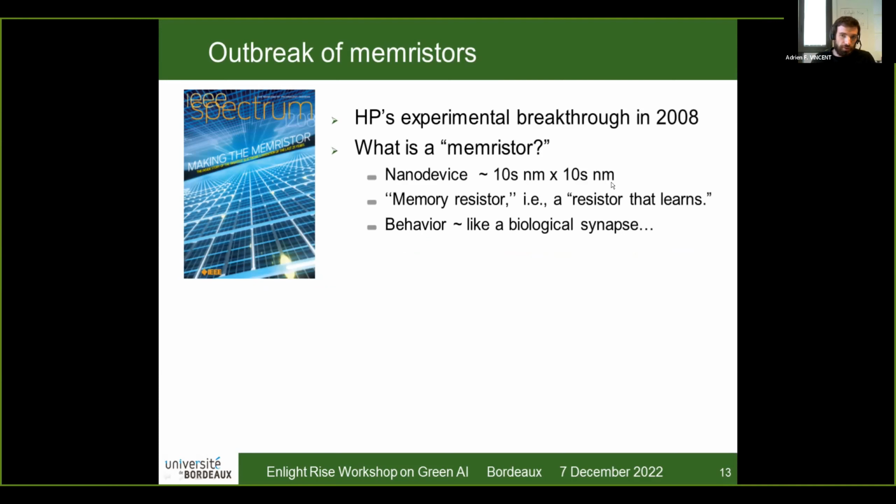Those are nano devices, so you are dealing with elements that have a lateral dimension of a few dozen nanometers. The name literally means memory resistors, which means that those are programmable nano resistors, which is reminiscent of the behavior of the biological synapses that we try to reproduce.